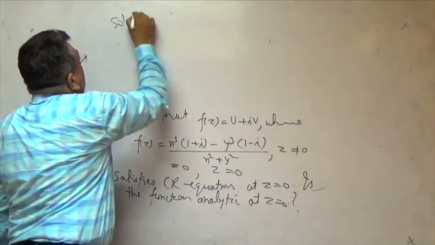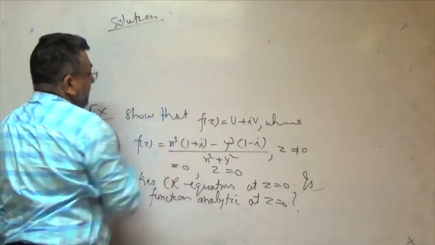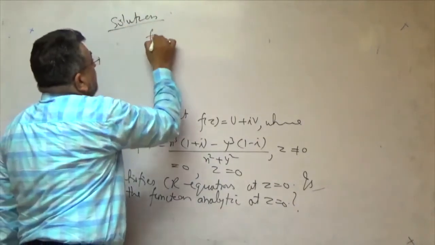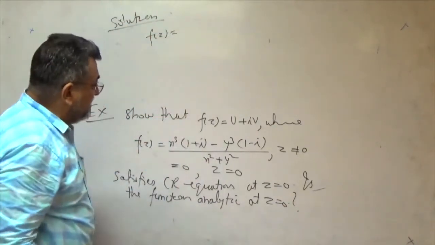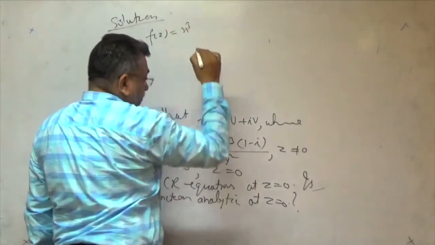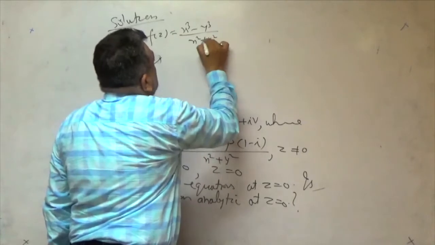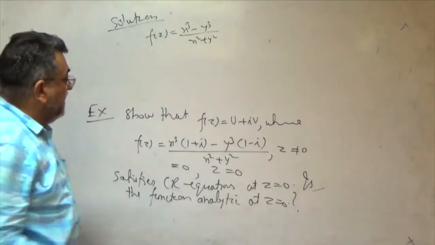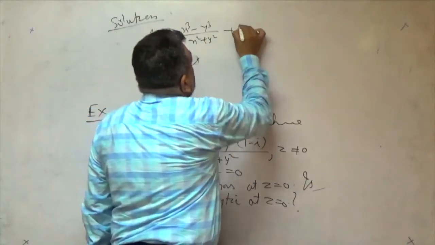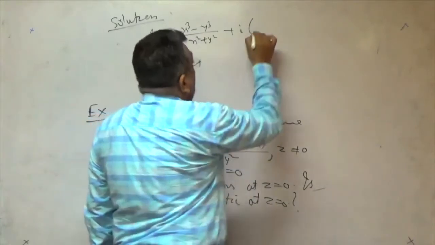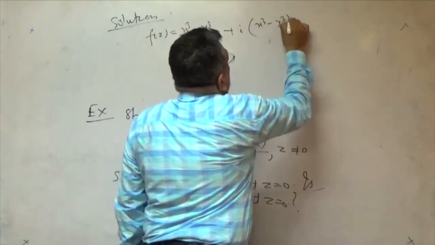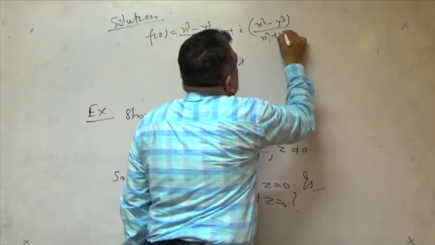solution. Here the function is this, take this in real and imaginary parts separately. Here the real part is (x³ − y³)/(x² + y²). This is the real part, taking i as common, plus i times the imaginary part (x³ + y³)/(x² + y²).